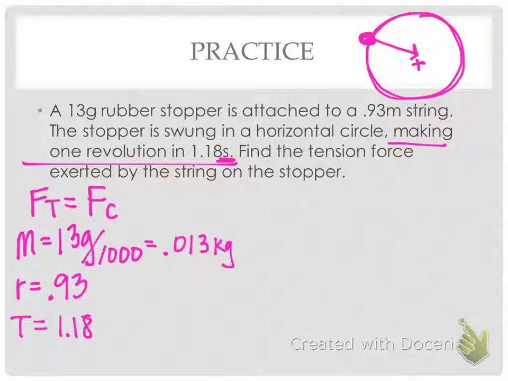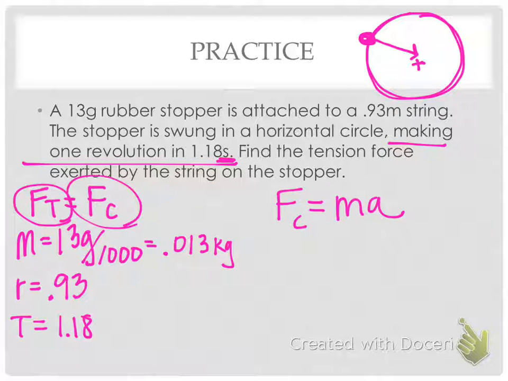Okay, so now let's start looking at our equations. If we're solving for tension force or centripetal force, we could say centripetal force is equal to mass times acceleration. Do we have A here? Do we have acceleration yet? No. Okay, so that's not going to work. We could try this one, m v squared over r.